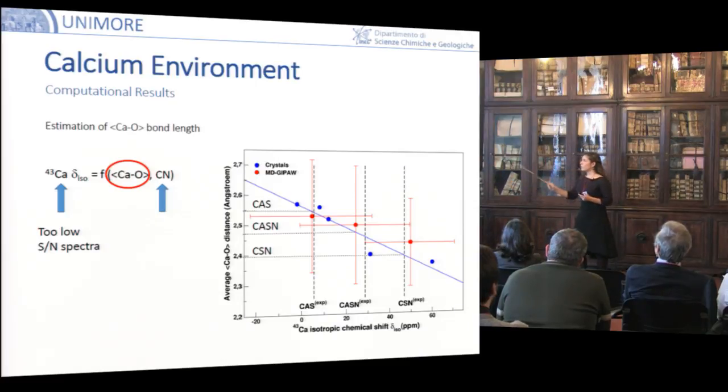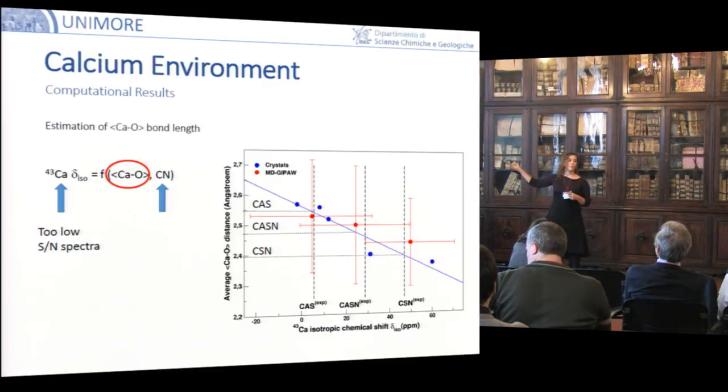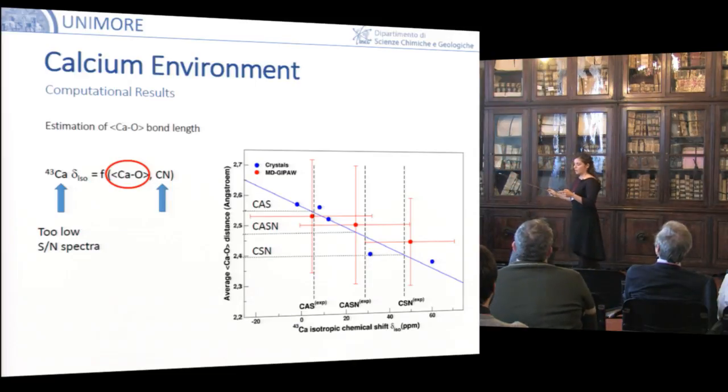And moreover, now focus on these red dots. The red dots are the data that we obtained from our MD GIPAW calculation, and as you can see, there is a reasonable agreement between what we find from the computational point of view and what we find from the experimental point of view, coupled with the previous correlation.